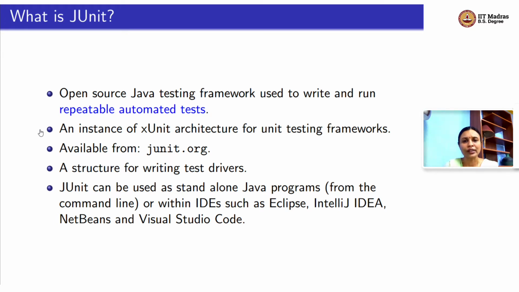JUnit is an instance of what we call an XUnit architecture. X could represent some other programming language instead of J for Java, and it represents a generic test execution automation framework for unit testing. JUnit is itself available as an open source tool from junit.org.